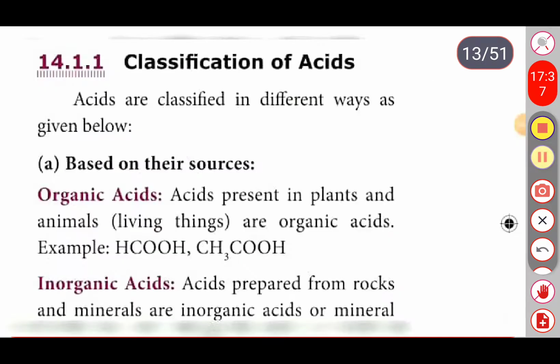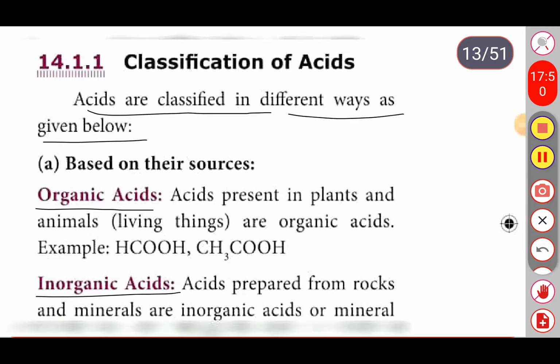The next type of classification of acids is organic and inorganic acids. Acids are classified in different ways, as given below. The second type is based on their sources. Acids present in plants and animals, meaning living things, are organic acids.